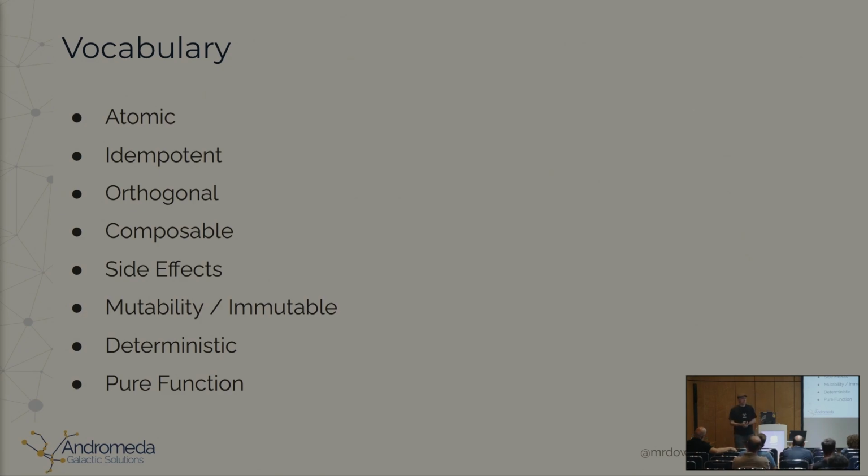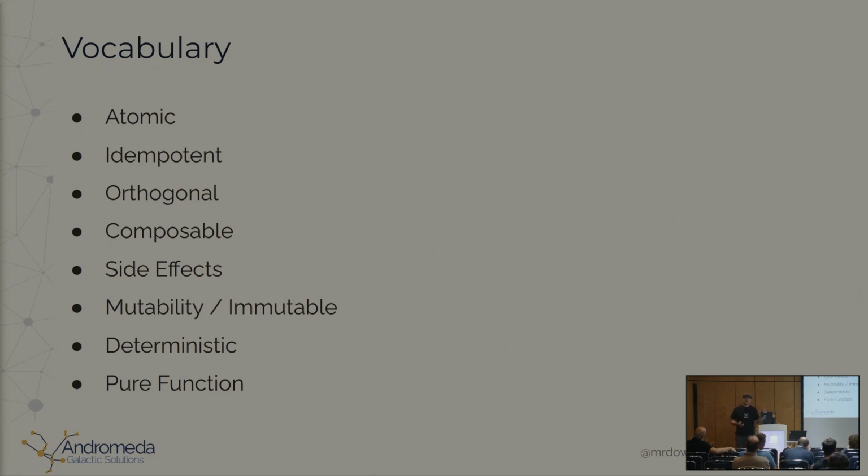Mutability or immutability. Mutability is the ability to modify. Immutability means that I cannot modify. Immutability is safer from an algorithmic standpoint because I can't accidentally change the underlying data set. This is very hard to accomplish in JavaScript because JavaScript is naturally mutable. Deterministic means that no randomness is involved whatsoever.